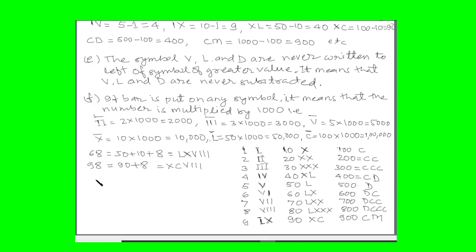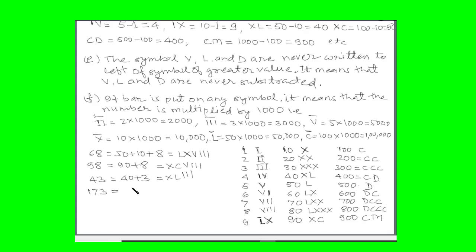Now we write 43. From the chart we go to 40, which is XL. First we write 40 plus 3, and 40 is XL and 3 is 3 times I. Now we go to a 3-digit number, which is 173.